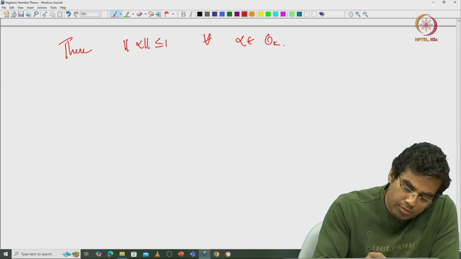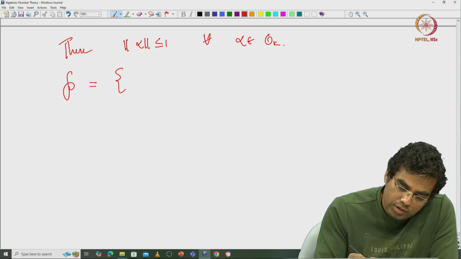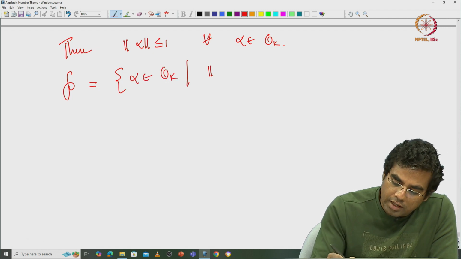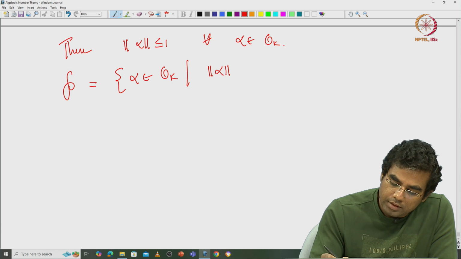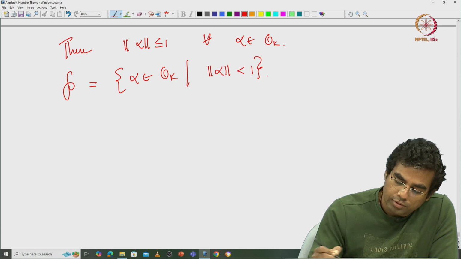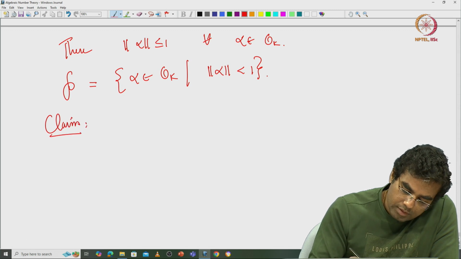So what I am going to do is define P to be all alpha in OK such that valuation of alpha is less than 1. Okay, so here are claims.